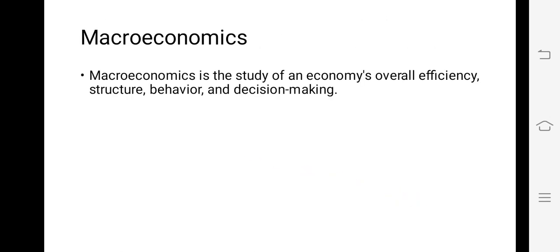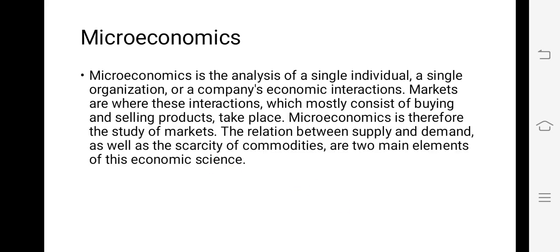The next one is, in your own words, differentiate macroeconomics from microeconomics. Macroeconomics is the study of an economy's overall efficiency, structure, behavior, and decision making, while microeconomics is the study of a single individual or a single organization or company's economic interaction.